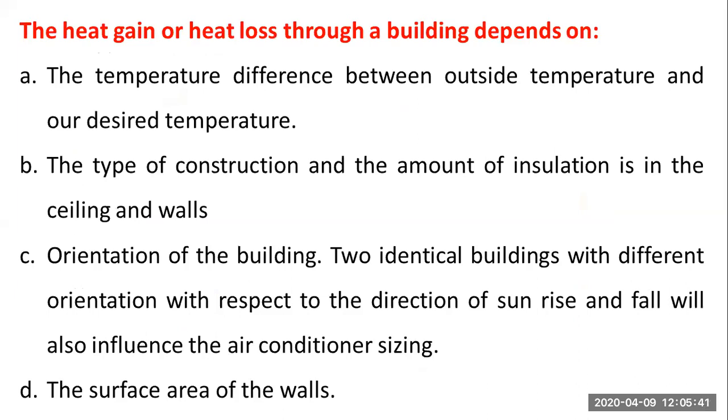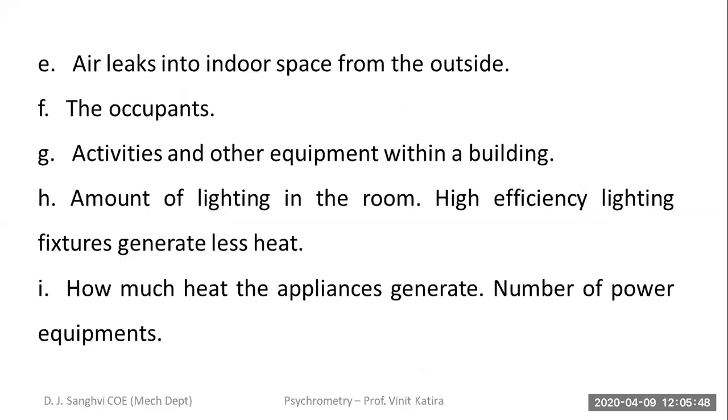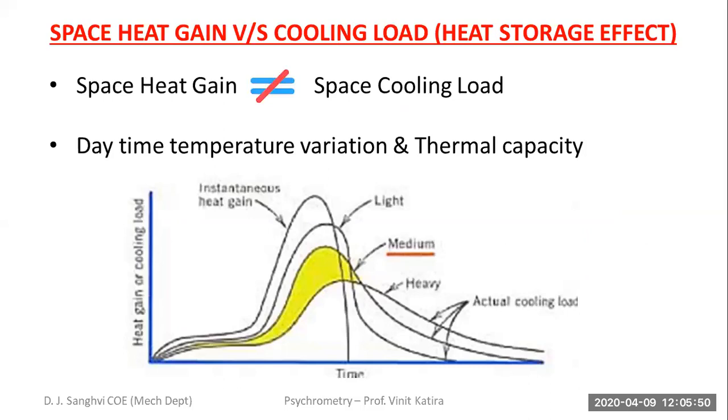So we had discussed the factors with respect to the building through which heat gain occurs. We had discussed the differences between the space heat gain and the cooling load. So space heat gain is nothing but the instantaneous heat gain that takes place, and space cooling load is the total heat that enters over a period of time because of the heat storage effects.